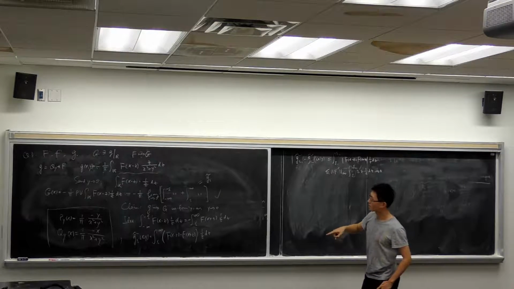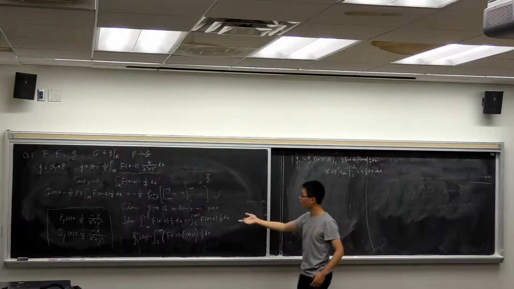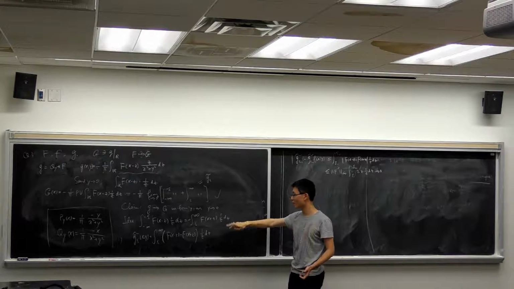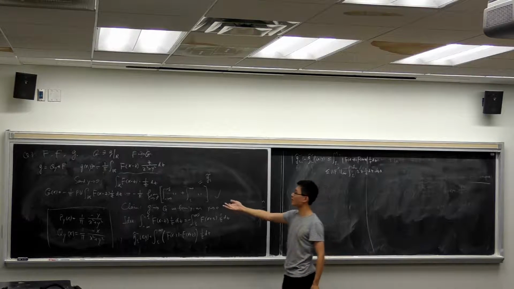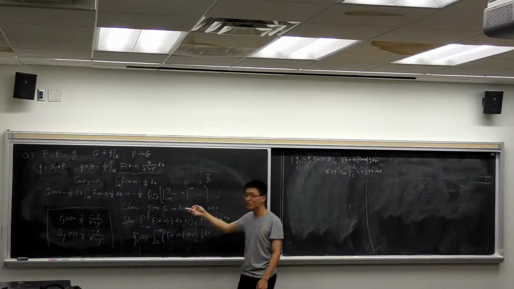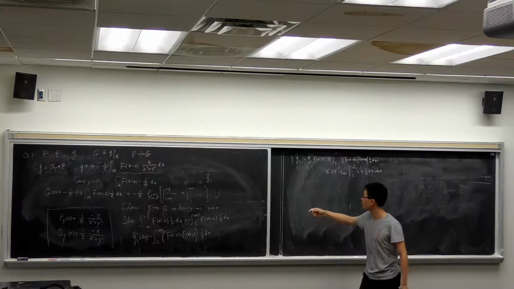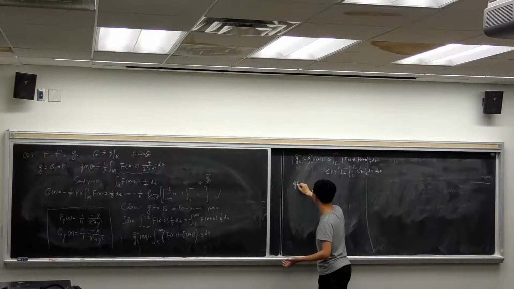It's because we've done this change of variable trick and unifying trick to capital G of x. We can do the same thing to the little g. So let me just write it down.